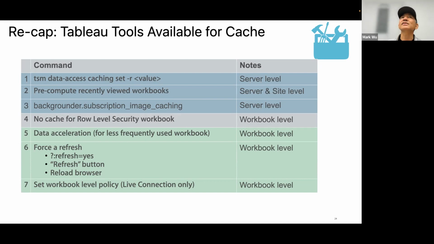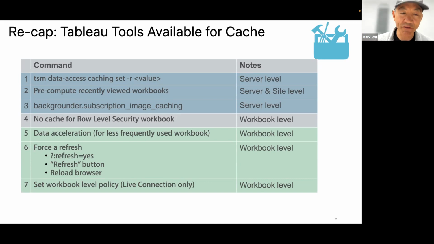Number 6 is also controlled by the end users more often, where they deal with browser level cache, all kinds of cache. If they don't see a data change, how to deal with that?